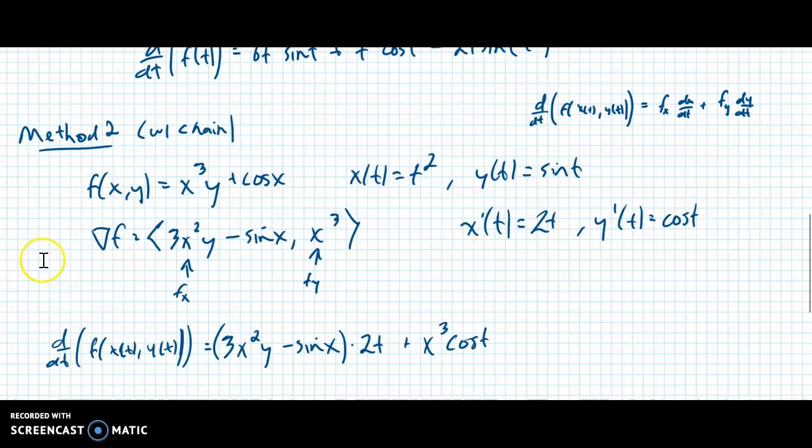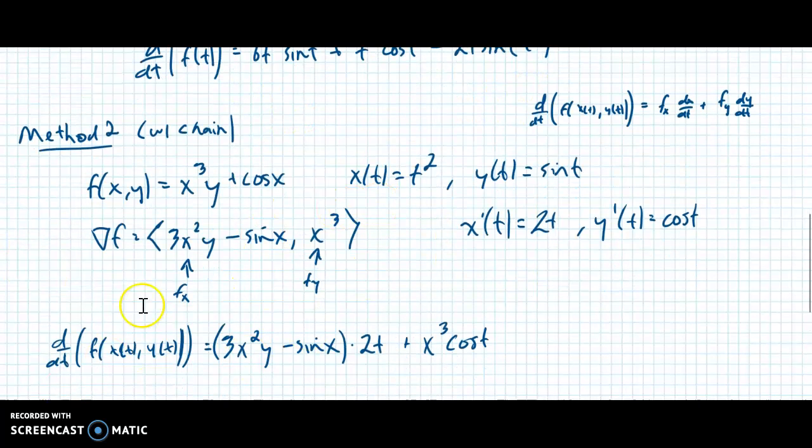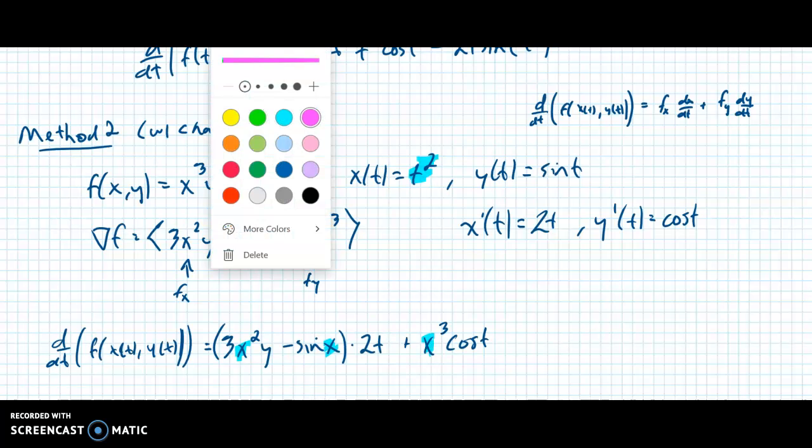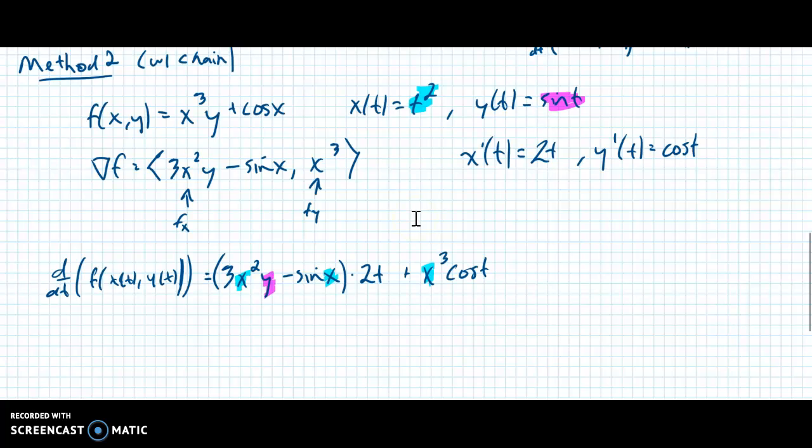And now you may be like, well, that's not this, right? But it is. Why is that? Because now what I can do is plug in my t squared for x, and I can plug in my sine t for y. Is there another y? No, that's it. So I'm going to plug those guys in and watch. It's going to give me the same thing that I have up top.